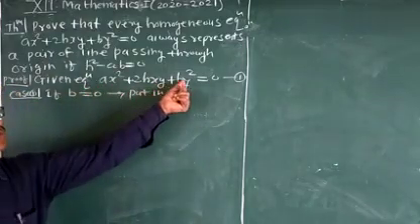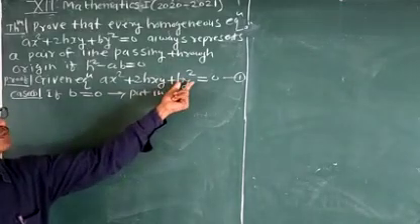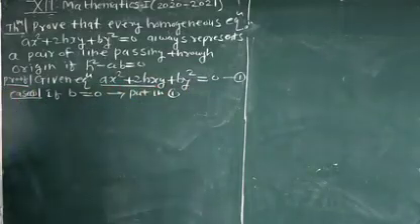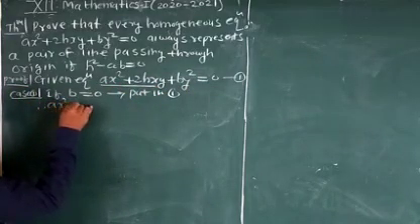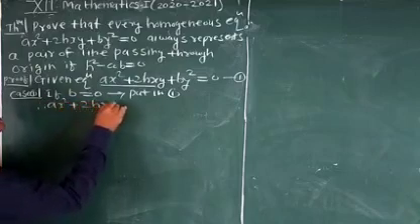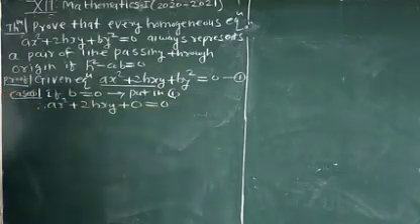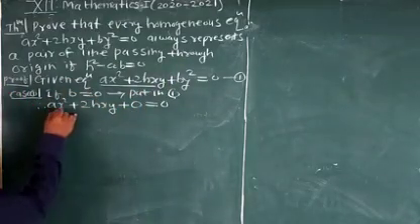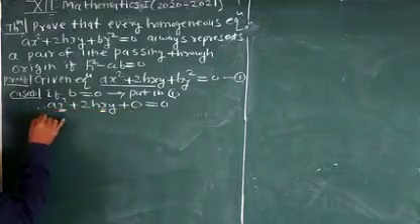If we put the value of b equal to 0, the b term vanishes, and we get only ax square plus 2hxy equal to 0, because the value of b is 0. Now in this case there are only terms with x, so we can take x common.